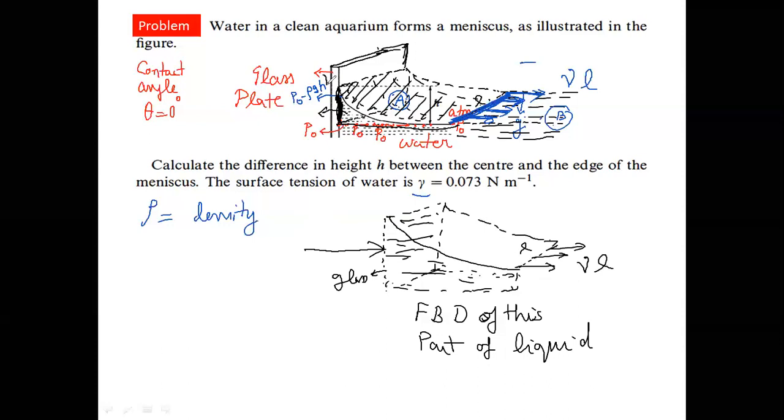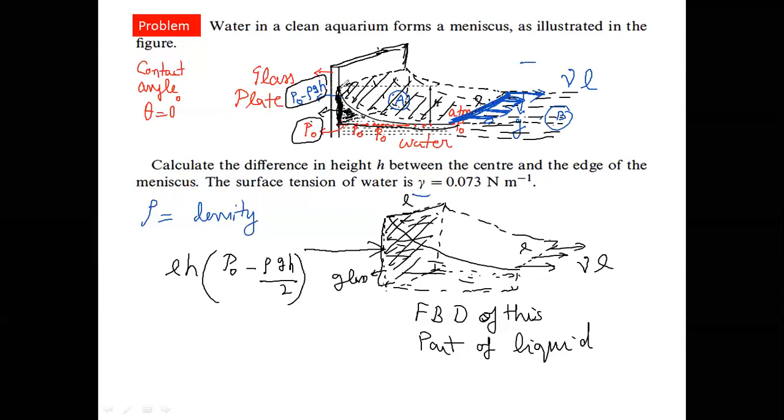Average pressure can be obtained by P naught minus rho g H at the top point, P naught at the bottom point, so the average pressure will be P naught minus rho g H by 2. The length was considered to be L and the height H, so area will be L into H. This much force will be on this portion of liquid which is in contact with the wall of the aquarium.